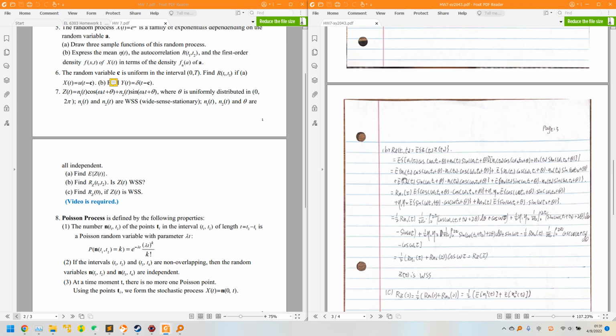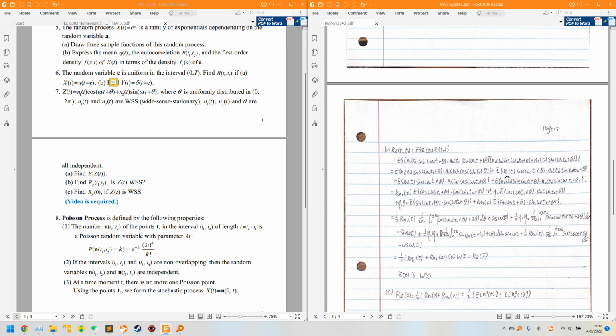For the first term, we can get the expectation is R_n1 of tau times E of cosine(omega t1 plus theta) times cosine(omega t2 plus theta).